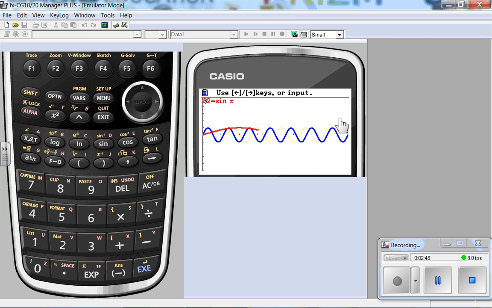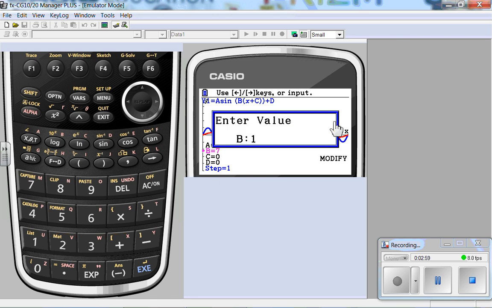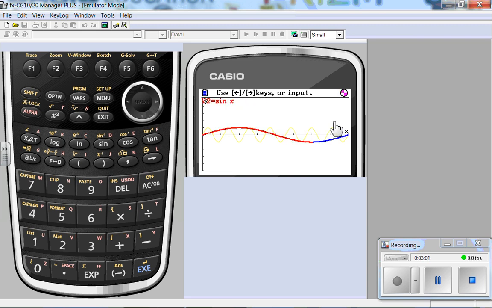One more. 7 times the waves. 1, 2, 3, 4, 5, 6, 7. So she got the pattern on that one pretty quick. I'll go back to 1.